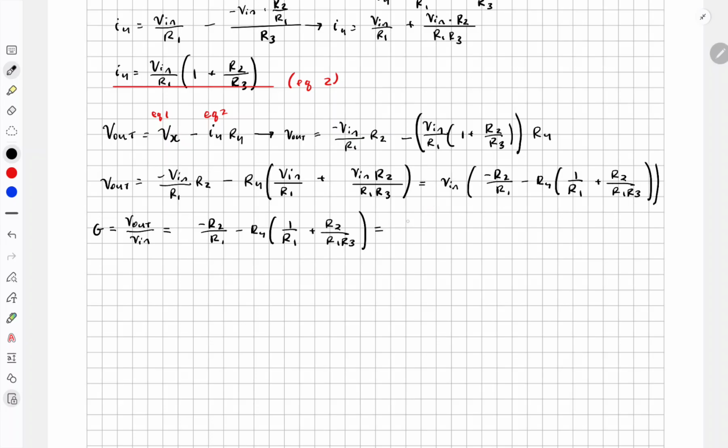Okay, let's simplify by expanding all the terms. Minus R4 over R1 minus R2 R4 over R1 R2. Okay, so we have solved for gain now.